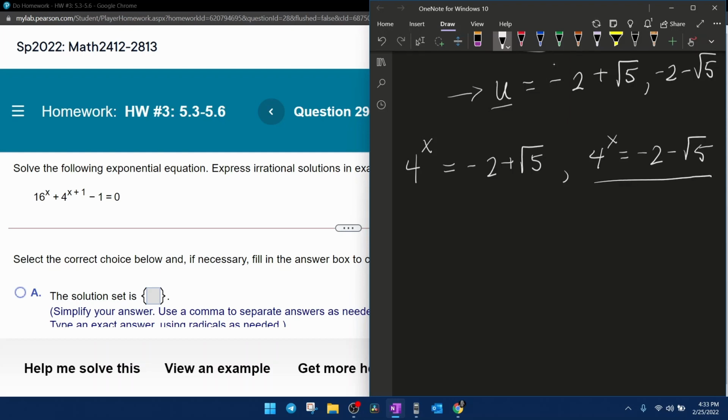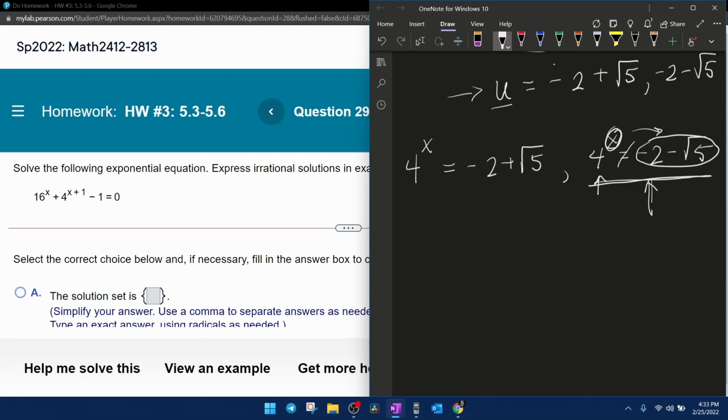Now this particular equation is going to have no solution because this value is going to be negative. And you cannot raise a positive number to any power and have it come out negative. So that's going to result in a dead end over here.